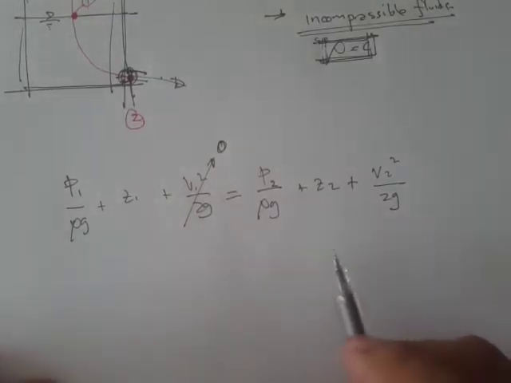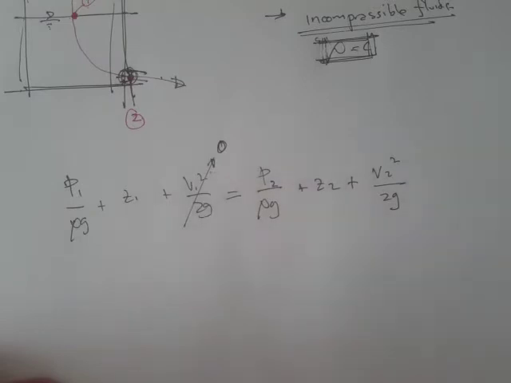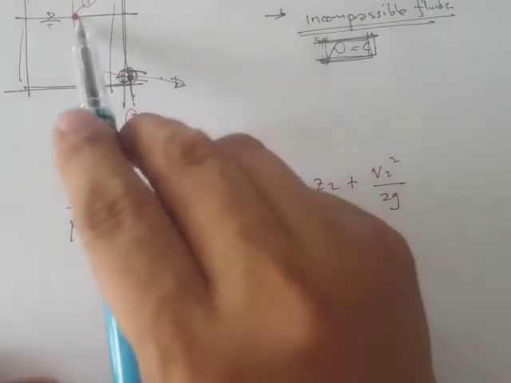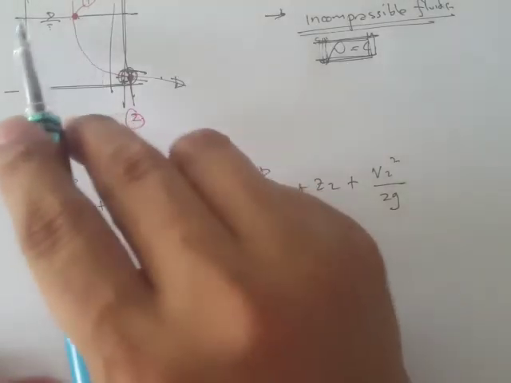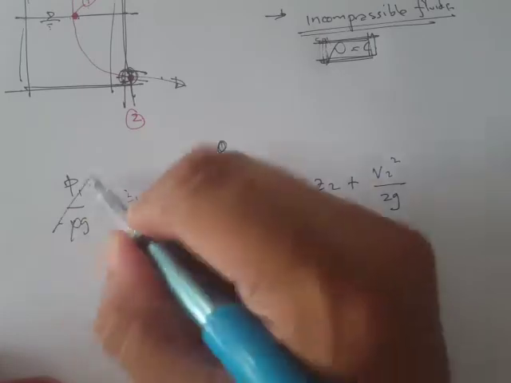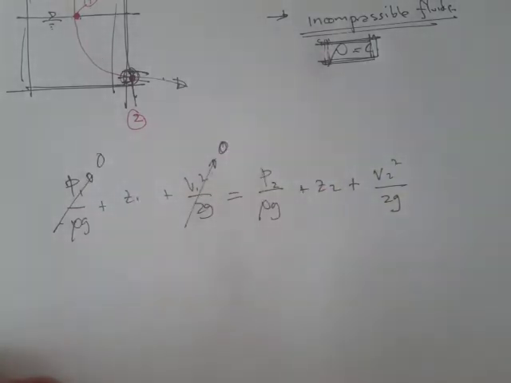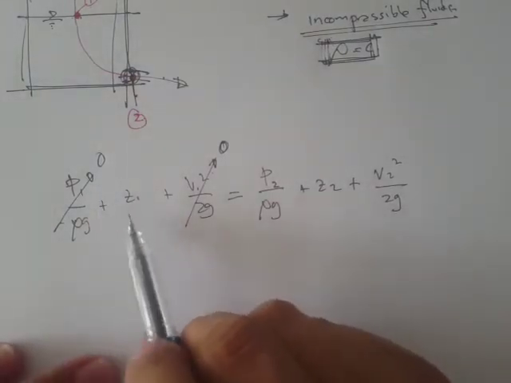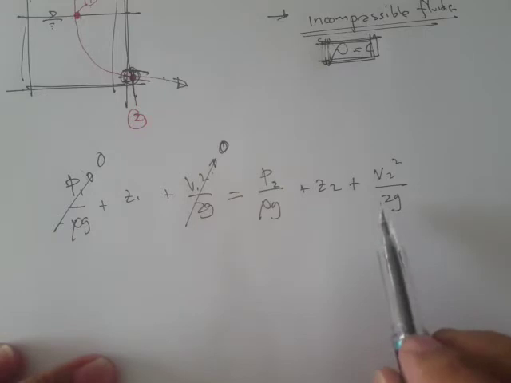If this is 0, then in terms of gauge pressure, the pressure at point 1 is also 0. So take note, in terms of gauge pressure, this is 0.